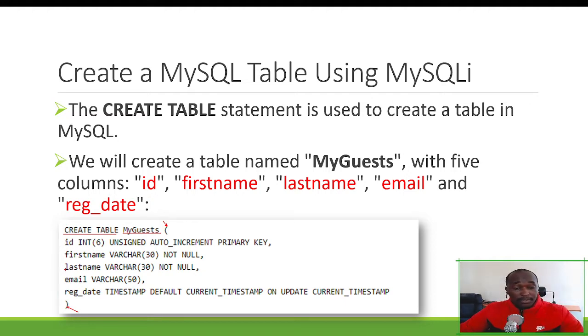Now, the other thing we do is to specify the name of the column, the data type, and the length that it should accept. For example, integer, and it should be a maximum of 6 digits. Then for integers, we can say whether it's unsigned or signed.